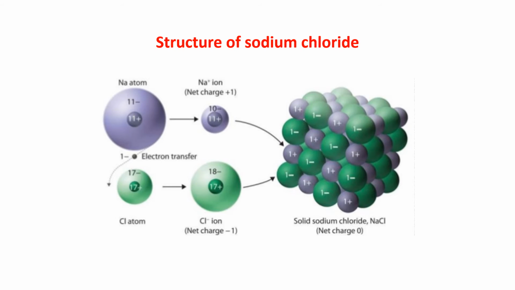Now the structure of sodium chloride, you can see the structure here. They are adjusting themselves in this manner. Now sodium has 11 protons and 11 electrons, you know that. So naturally it will lose one electron. Chlorine has 17 electrons, so it will take one from here, and there it is becoming 10, and it is becoming 18, and they are forming a structure in this way.